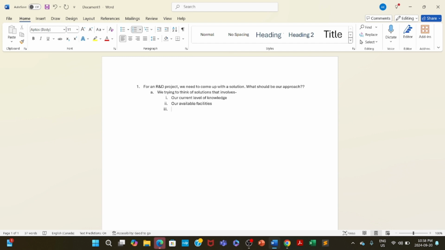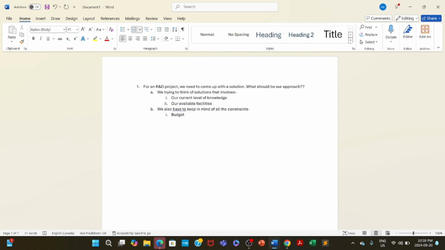But we try to think of solutions that involve these, and we also have to keep in mind all the constraints. Now the question is, what are those constraints? Number one, budget, obviously.